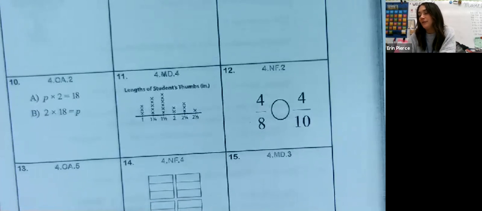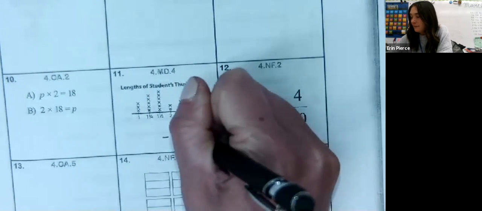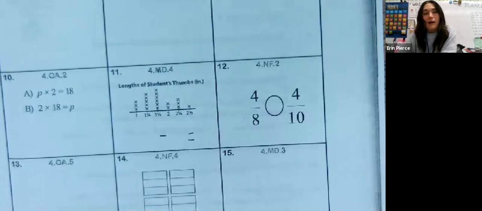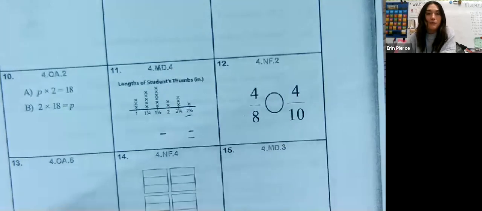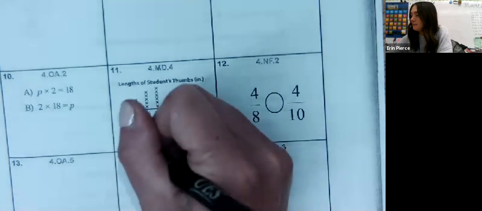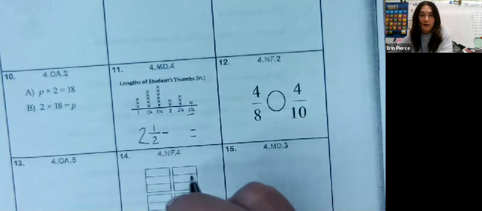Going on to number 11, we have to determine the difference, which tells me already I'm subtracting. And I am going to be subtracting the longest minus the shortest thumbs in the sample. Well, the longest thumb in the sample is 2 and 1/2 inches. And my shortest thumb is 1 inch.